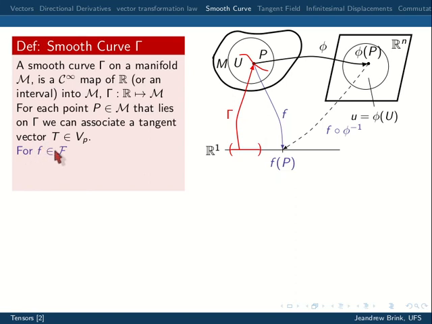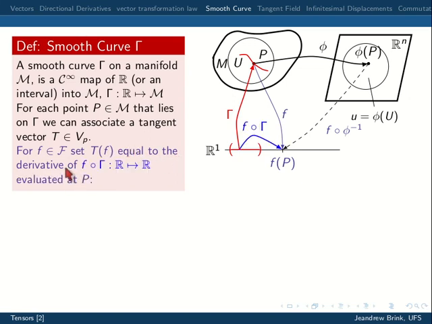For any f, any function in the field of all possible functions, we have that our tangent vector of f is equal to the derivative of f circle gamma, and that is something that maps from R to R. So you see, once again, I'm using the fact that I pull my manifold down to something I know on the real plane, and then I use that to define what my tangent vector is.